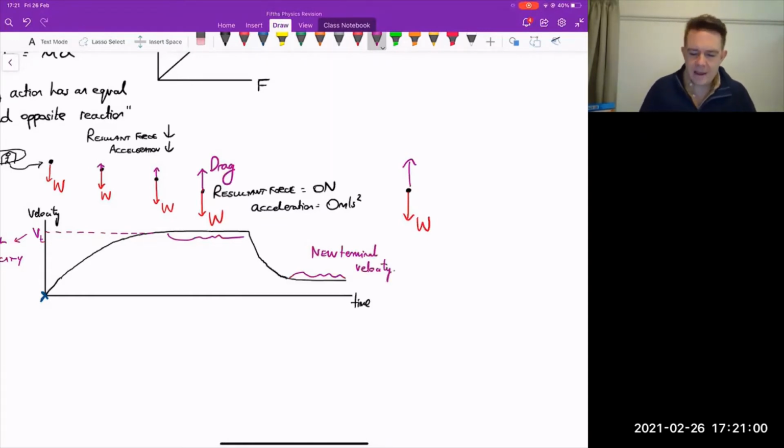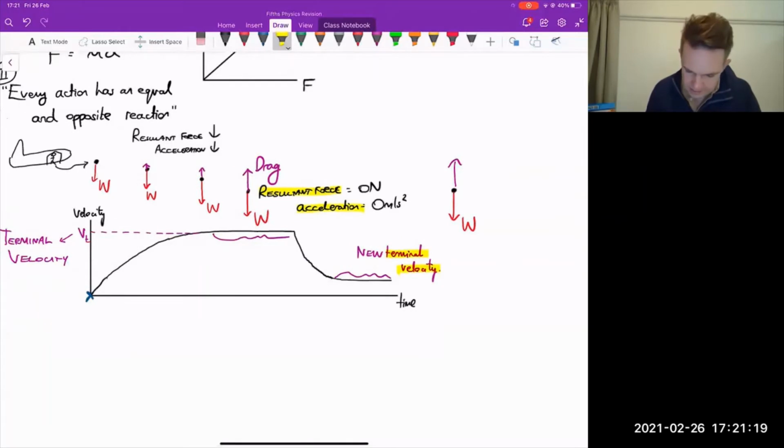Now, in answering questions to do with this, use terminology. You will get marks for using terms like resultant force, acceleration, terminal velocity, weight, drag.